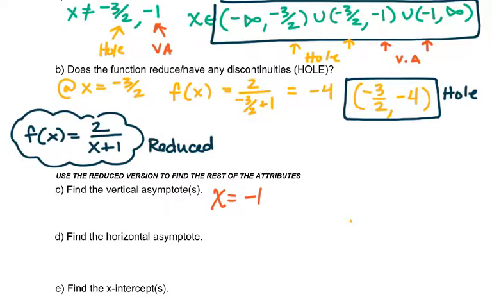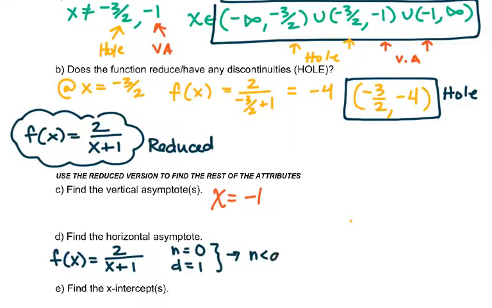My horizontal asymptote comes from using the comparison test. So I have 2 over x plus 1. The degree of my numerator is 0 because it's constant, and the degree of my denominator is 1 because it's linear. So, because n is less than d, my horizontal asymptote occurs at y equals 0.